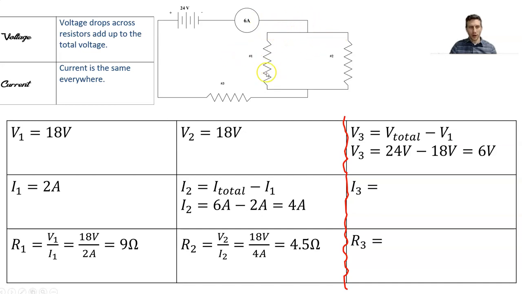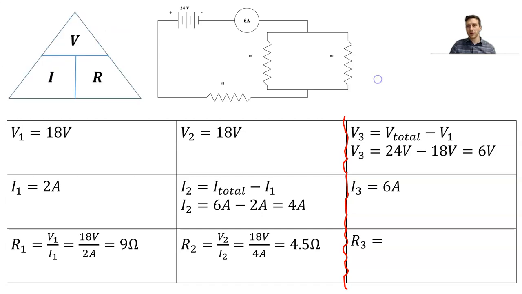It's 2 amps here and 4 amps here, but then all of the current comes through here, so that is 6 amps there. Okay, because all of the current's coming through that resistor. And what about R3? Well, again, the only way to find resistance is by using Ohm's law. R equals V over I, V3 over I3, and so this is 6 volts over 6 amps, 1 ohm.